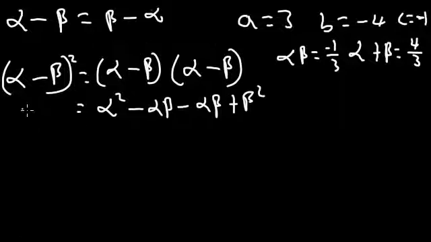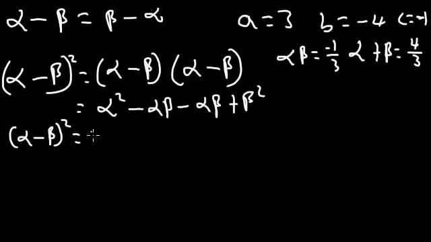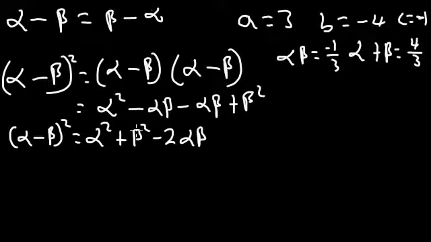Now if we rearrange this expression, at the right hand side, we have alpha minus beta squared equal to alpha squared plus beta squared minus 2 alpha beta. But in our previous examples, we have been solving for alpha squared plus beta squared.